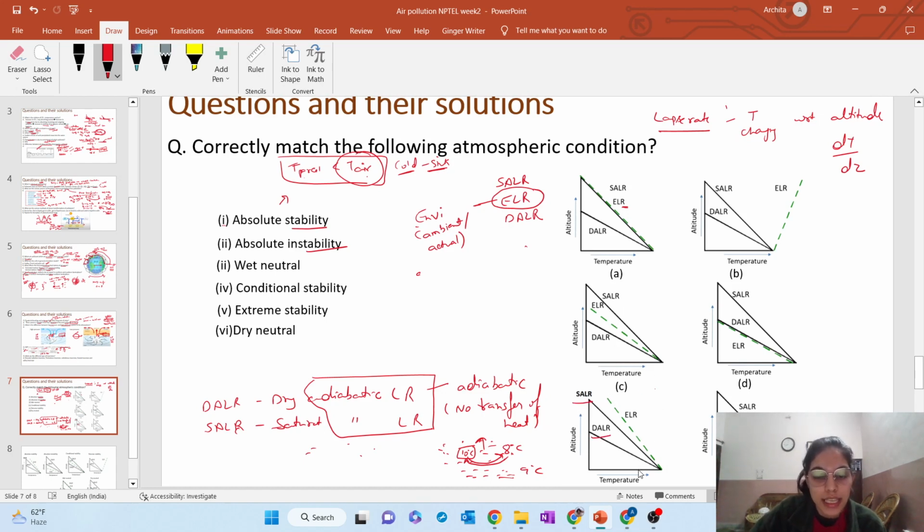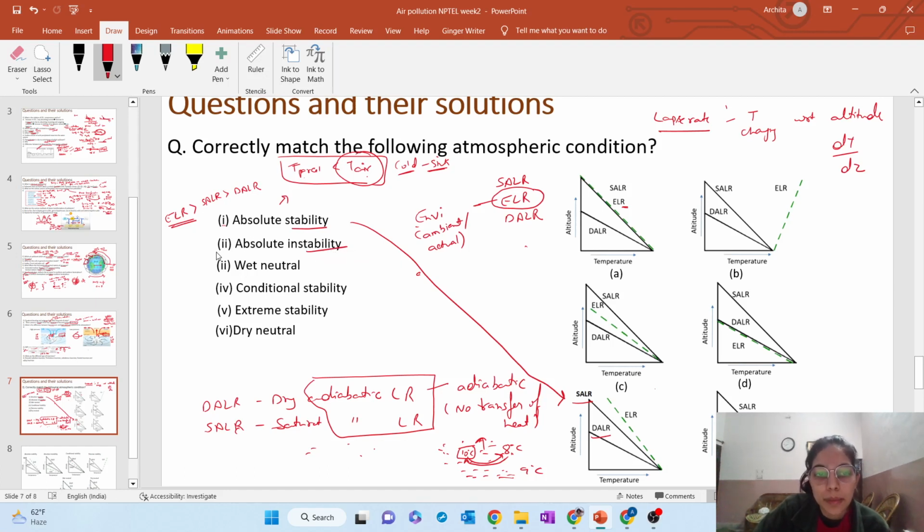So this is an example of absolute stability: when the ELR is more than the DALR and SALR, that is the condition of absolute stability.